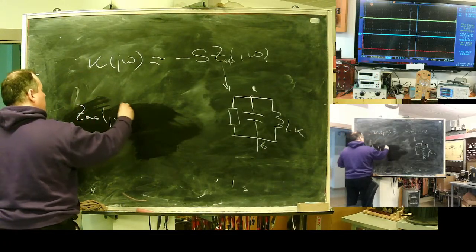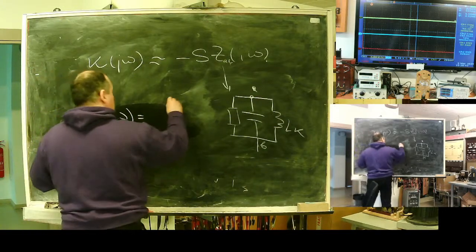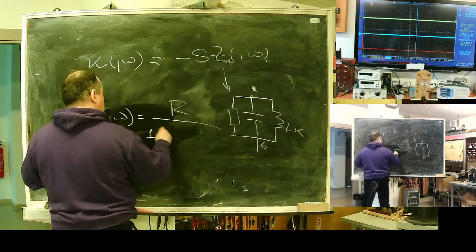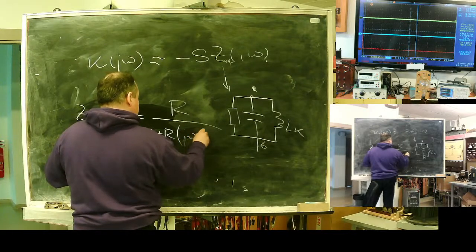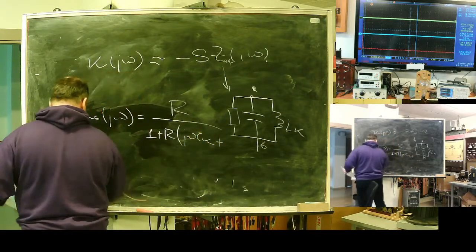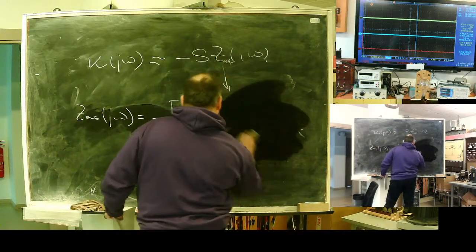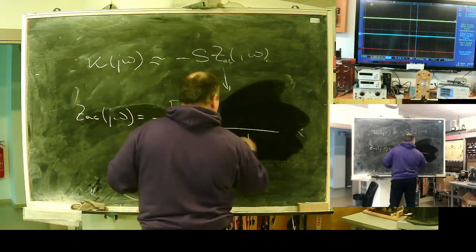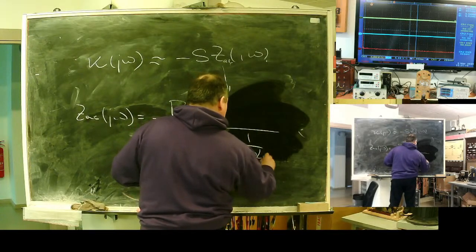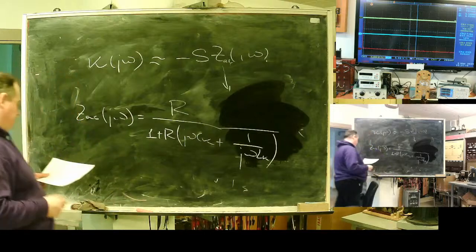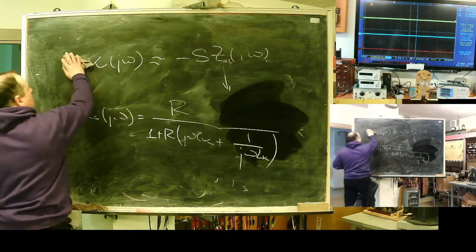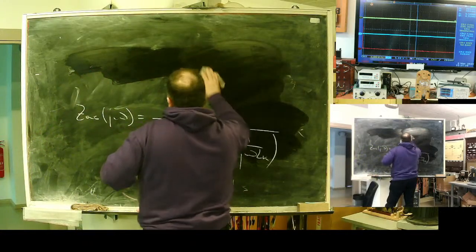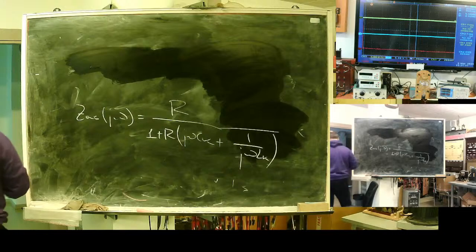ZAB of omega can be written as F divided by 1 plus L j omega plus 1 over j omega L con. In terms of Laplace transform, I just need to substitute j omega with the Laplace complex frequency p.